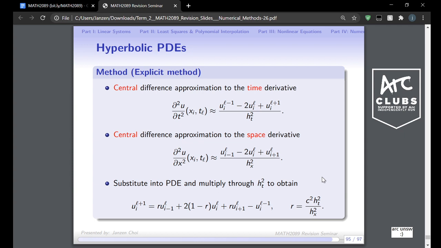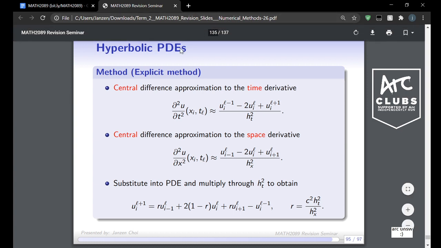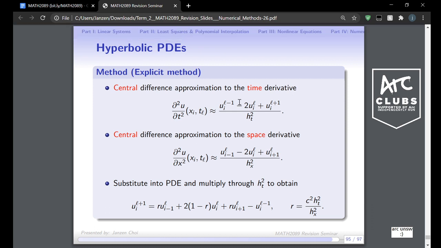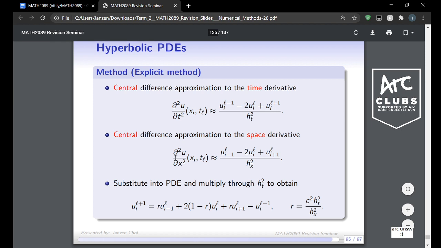So for the hyperbolic PDEs, they are quite similar to elliptic PDEs in that we are using second order central difference approximations to approximate both second order partial derivatives. I guess the only difference here would be the fact that instead of t it was y for the earlier example. So it's one less set of equations to remember.